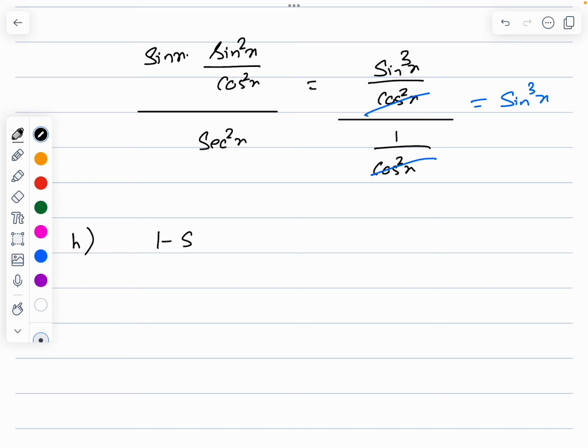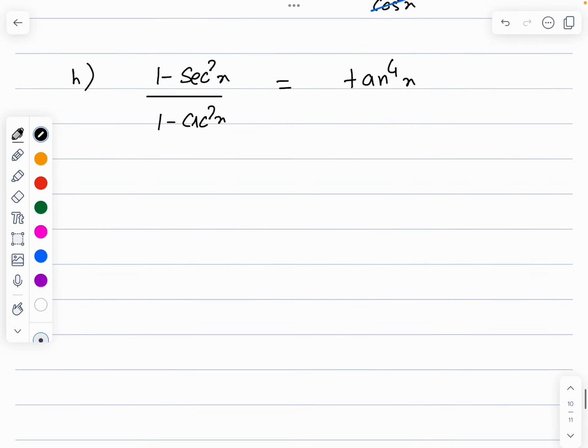Part H, 1 minus secant square x divided by 1 minus cosecant square x has to be proved as tan power 4x.